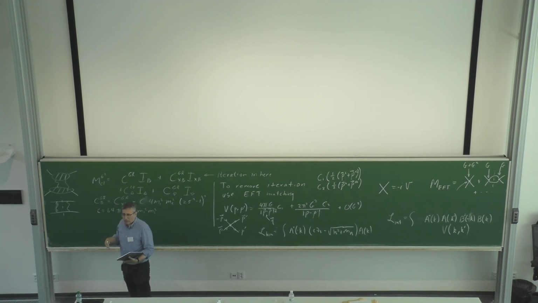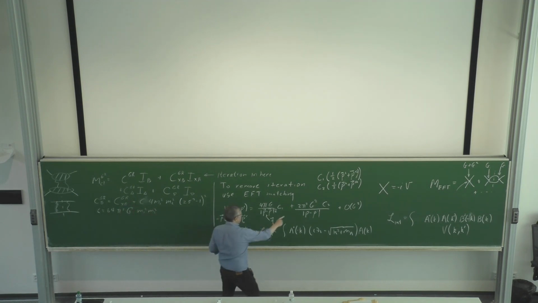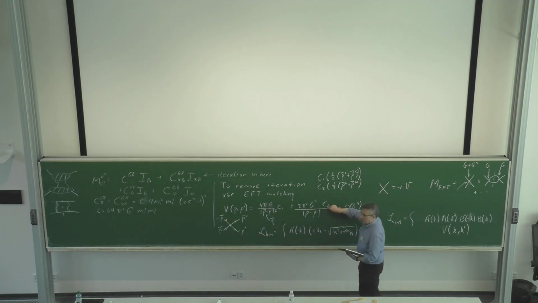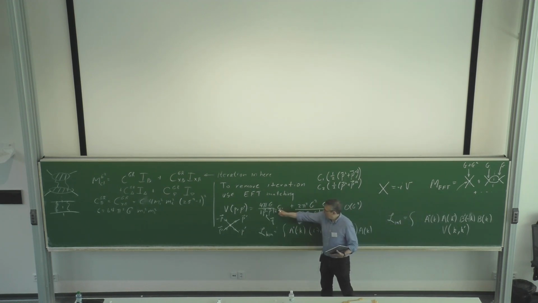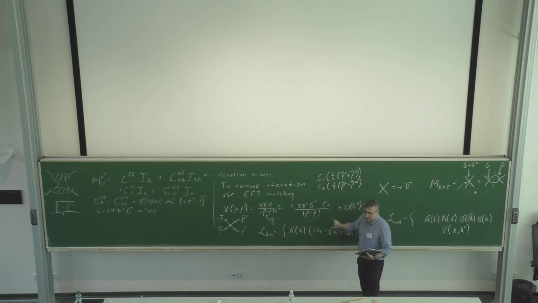What you have left over is the non-iteration term. This is the piece we're going to go after. It's this contribution. Iteration comes from this thing iterating. Non-iteration, that's the piece we want.